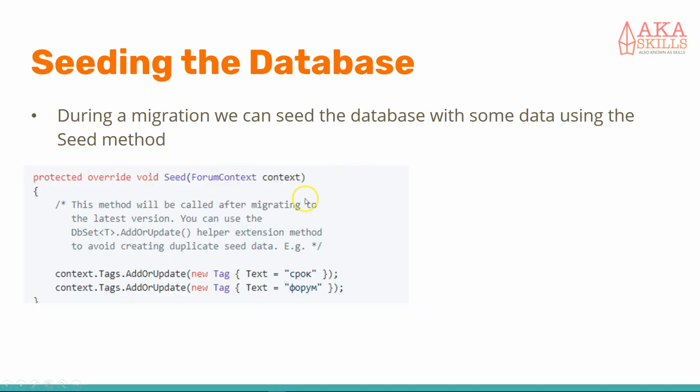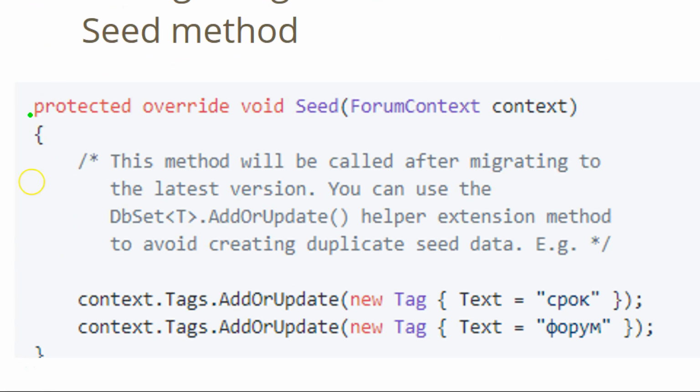And here is how it looks. You have protected override void Seed, which receives our DbContext. This method is inside the Configuration.cs file, which we just saw a minute ago. This method will be called after migrating to the latest version, and you can use the DbSet.AddOrUpdate extension method to avoid creating duplicate seed data.